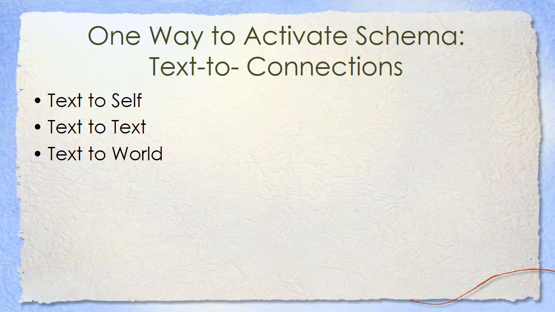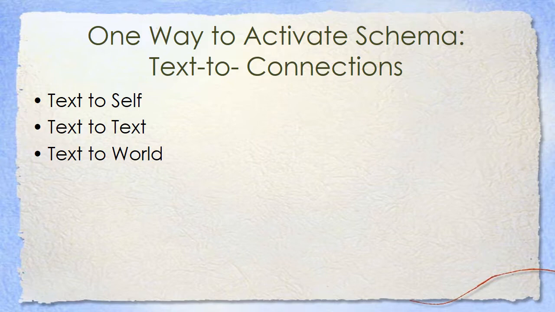If you're reading Dr. Seuss's book about the Sneetches, the Star-Bellied Sneetches, you might make a text-to-self connection that talks about the times that people try to fit in and the times that people try to set themselves apart to maybe feel better than other people around them. So that's text to self. It's how does your experience help you make sense of what you're reading.